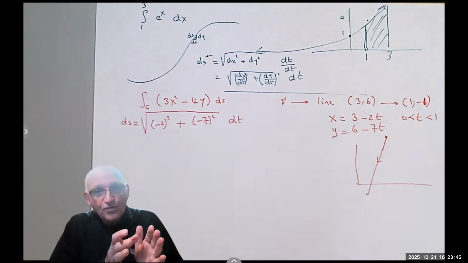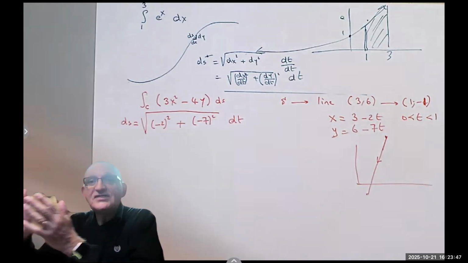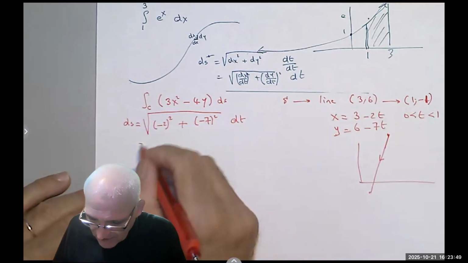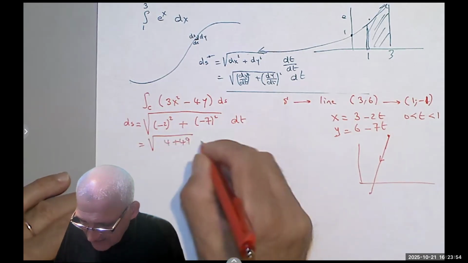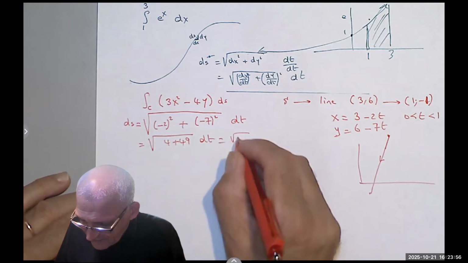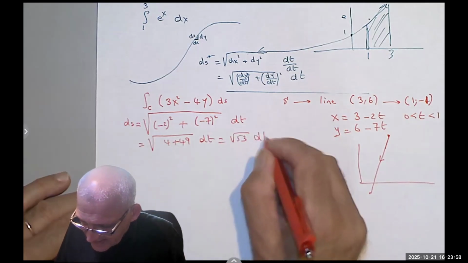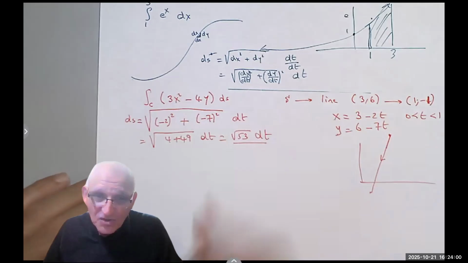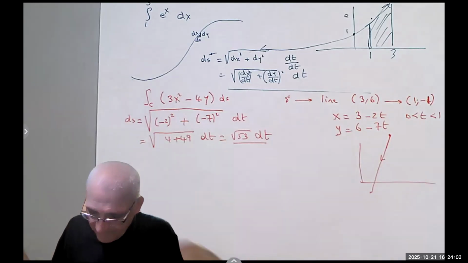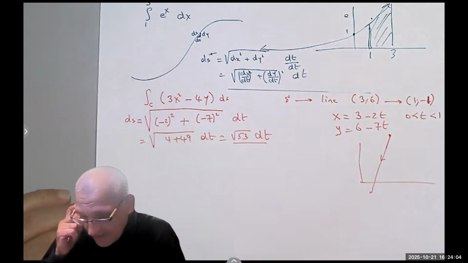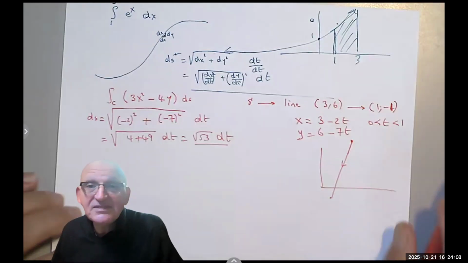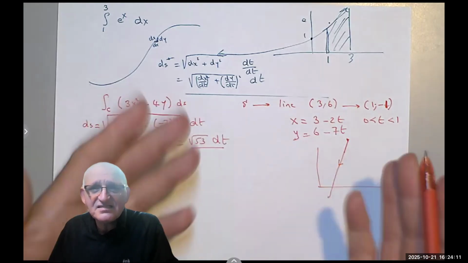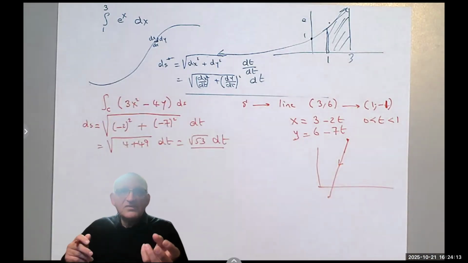So in order to go from the s universe to the t universe, you're going to say square root of 4 plus 49 dt, which equals root 53 dt. And it's a constant, the root of 53. Now I'm going to take the integral. Notice we set t from 0 to 1.